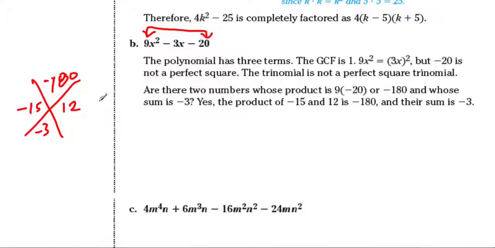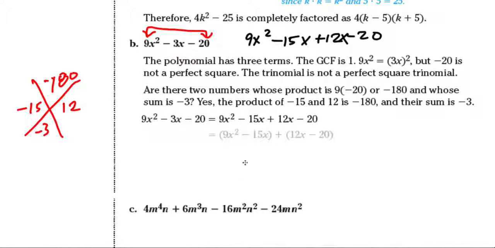So from there, we rename this to become 9x squared minus 15x plus 12x minus 20. Okay, and we take it from there. We now group them. So let's group 9x squared minus 15x, plus 12x minus 20. The GCF of 9x squared and 15x is 3x.